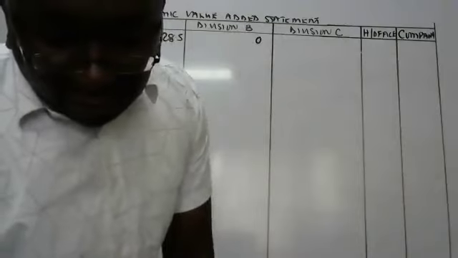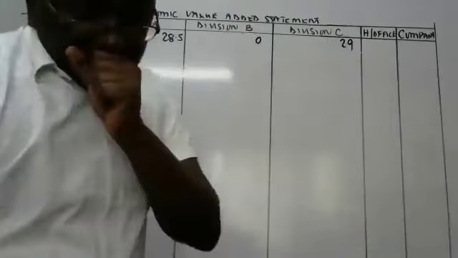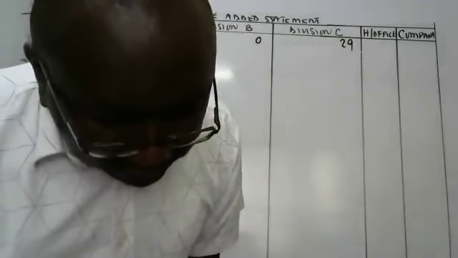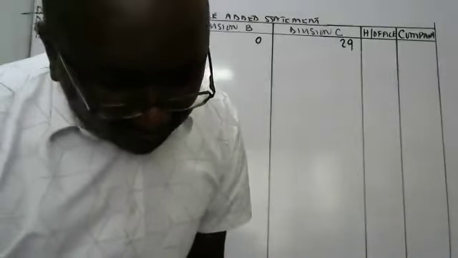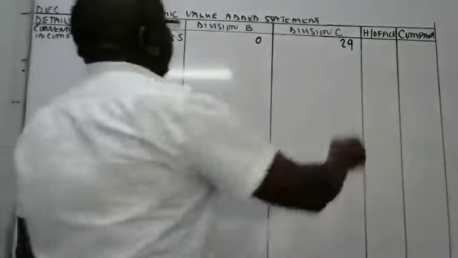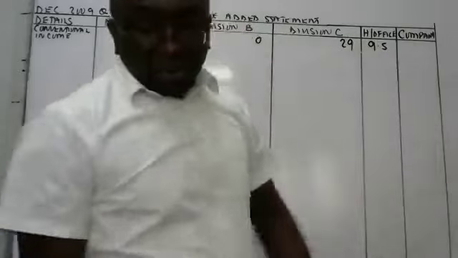B is given 28. The next one is 29. And the head office has 9.5, which is negative. This question has a lot of typing errors, because if you put 9.5, they should add back to 76. Let me check whether I can get the original.